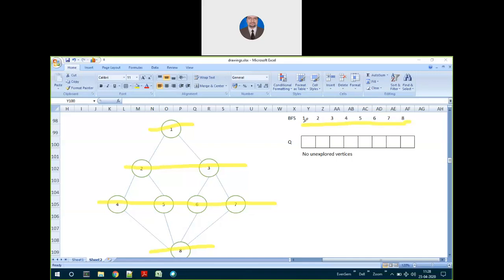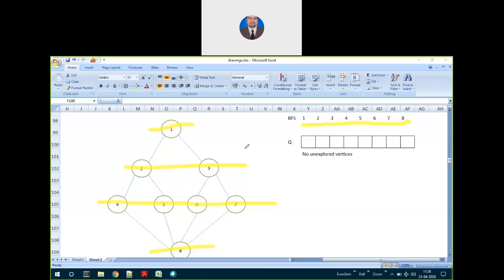In order to recollect the concept, we have to start from one particular vertex, and we can call it a visited vertex. This visited vertex is also unexplored at this time, because its adjacent vertices are not visited. From 1, if I visit 2 and 3, then I can say that vertex 1 is explored.